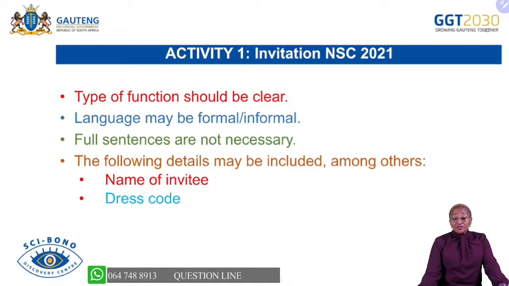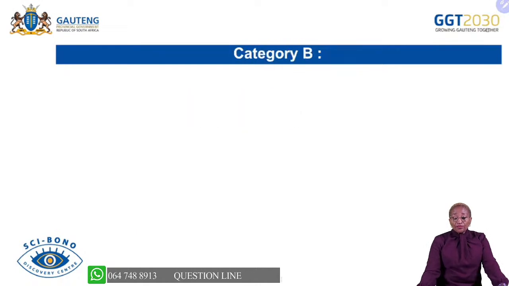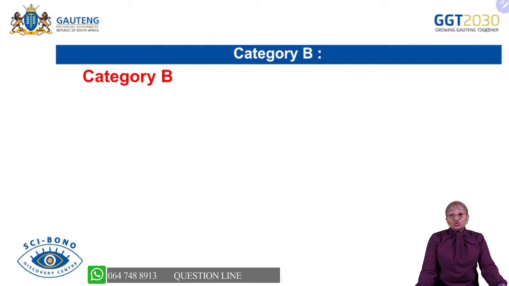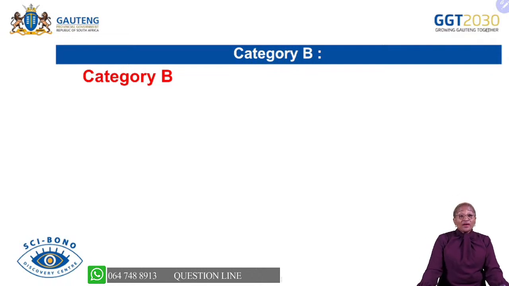Remember, I said some of the events require a particular dress code. If that is the case, you may include that. RSVP, the contact details of the person who need to be contacted if one needs to confirm attendance. So those are the guidelines that you need to use in writing our invitation.